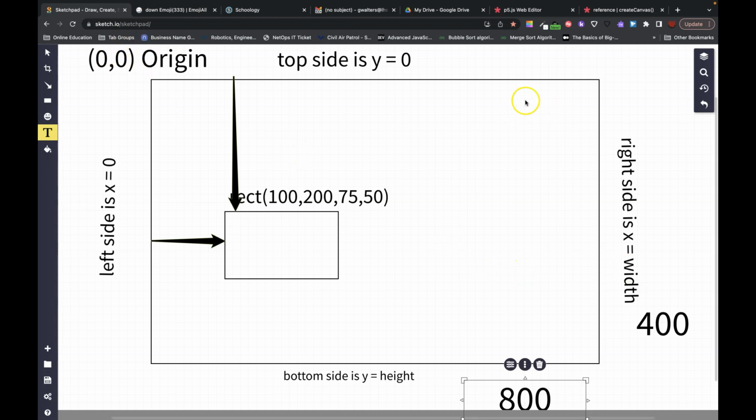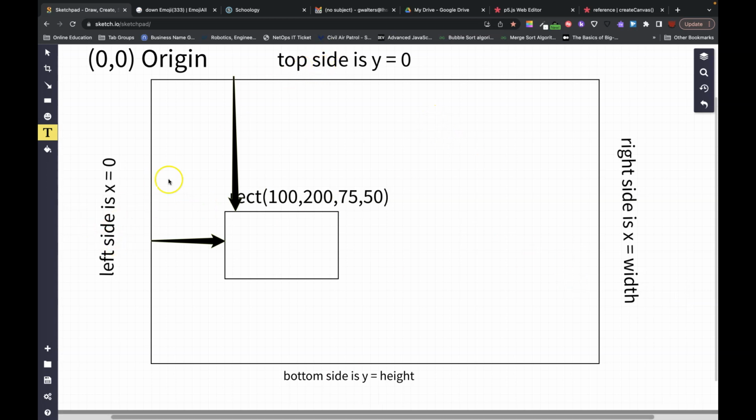Now we have values for referencing our left, right, top, and bottom, and we have a reference for our origin, which is the top left.